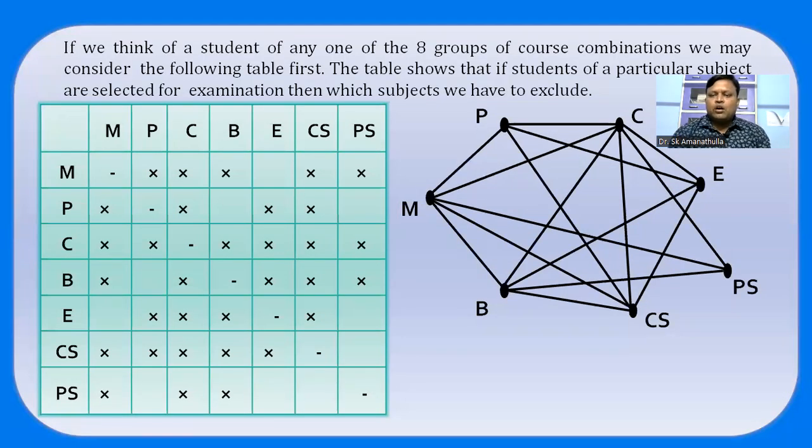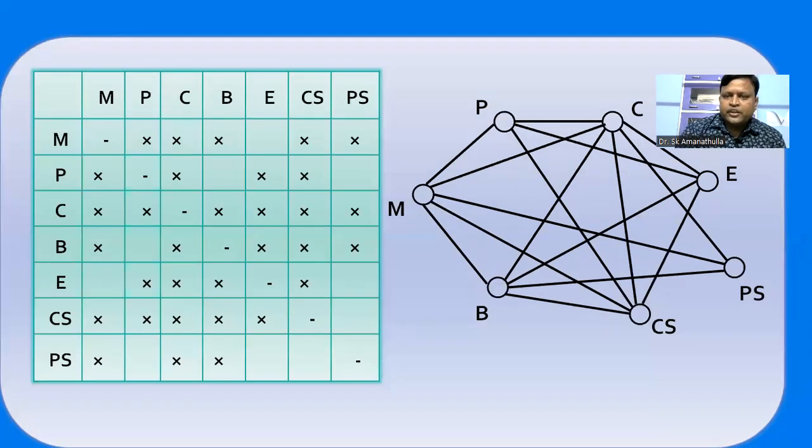Then we color this graph. Here, for mathematics, we can take any color. Suppose the color of mathematics M is red. Since mathematics and physics, and mathematics and chemistry, are adjacent vertices, we cannot color the vertex P or C or B red.